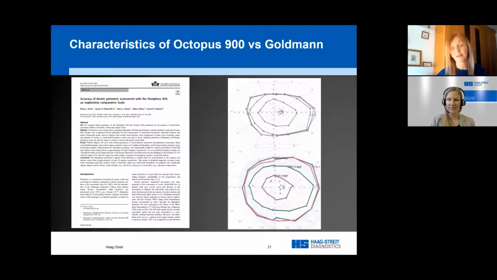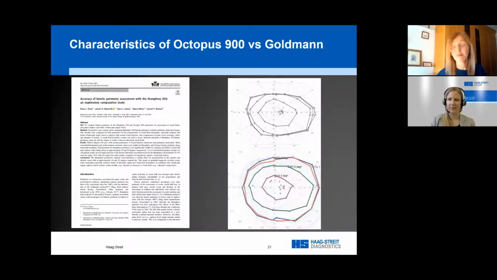What we see here, bottom right, is my visual fields, so I don't have to worry about the confidentiality of another patient. So my visual fields for the Octopus on the bottom and for the Humphrey 850 on the top. The Humphrey has an aspheric bowl.